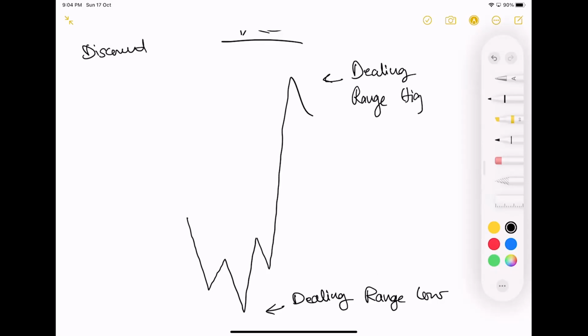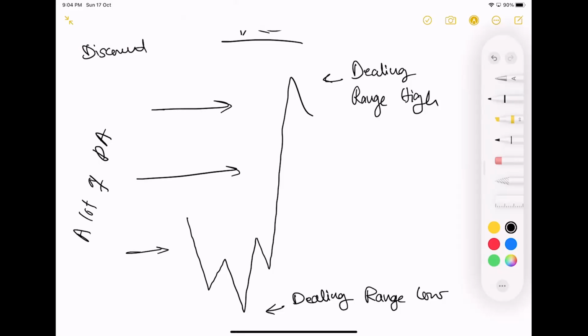Obviously somewhere in here there's going to be a lot of price action. So we have a lot of price action, the dealing range high, and the dealing range low.